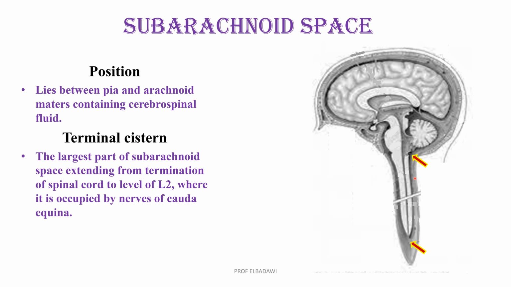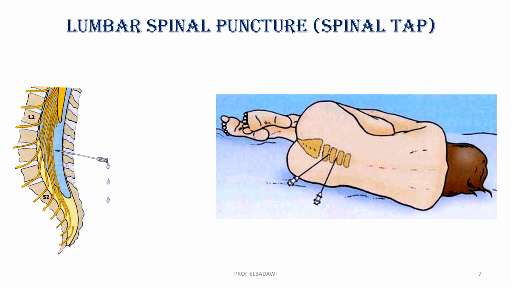The most important one, the largest one, is what we call the terminal cistern, the one which extends from lumbar 2, where the spinal cord will terminate, to sacral 2. That is what we call the terminal cistern. And this is the position for lumbar puncture. That's where the lumbar puncture will be done. That's how it looks, the lumbar spinal puncture or tapping.